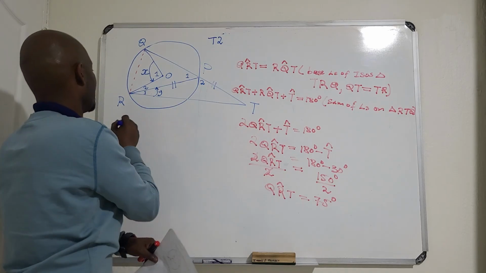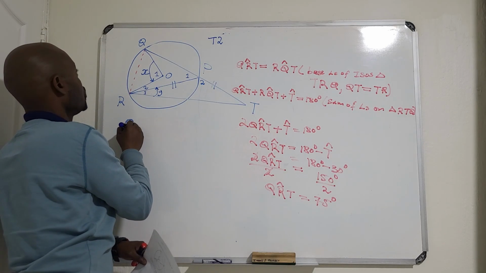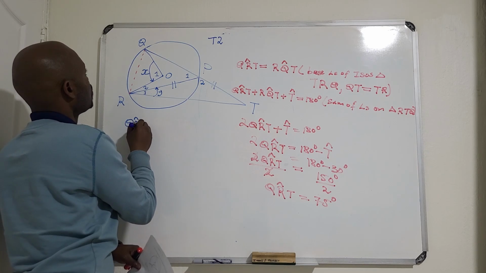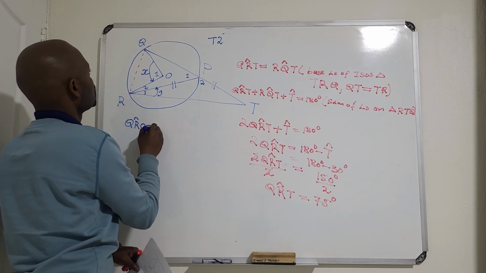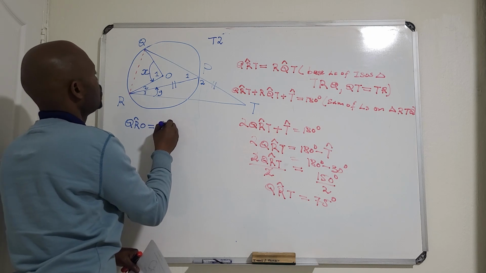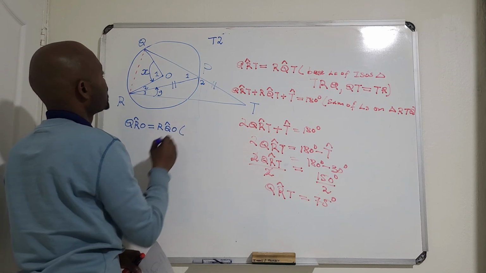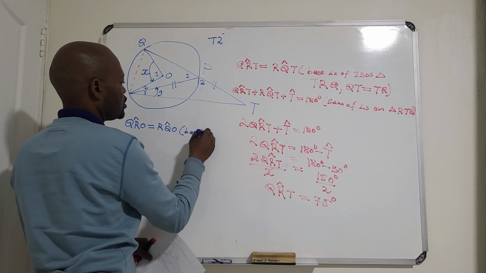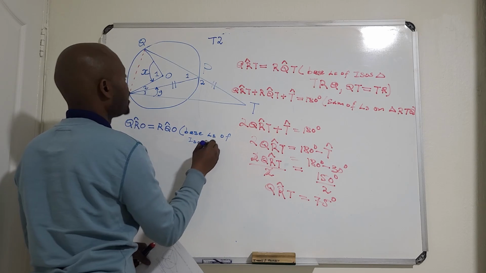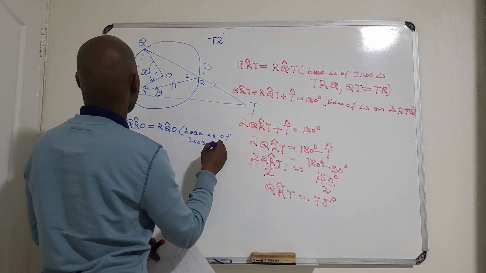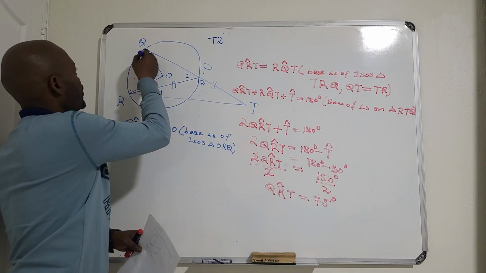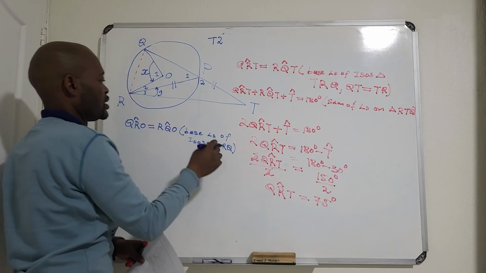Since we know that angle QRO is equal to angle RQO, reason: base angles of isosceles triangle ORQ, because this angle is equal to this angle.